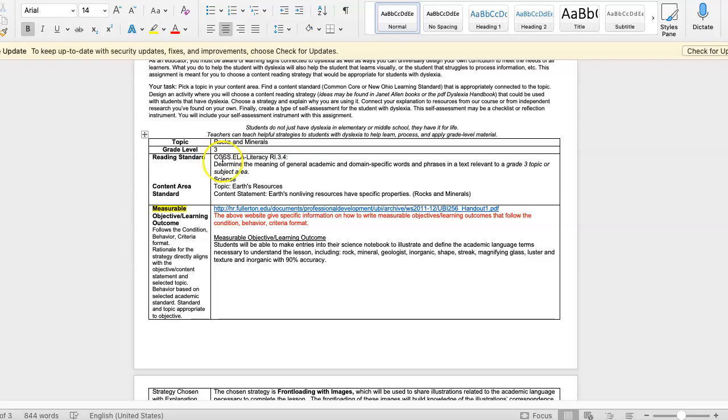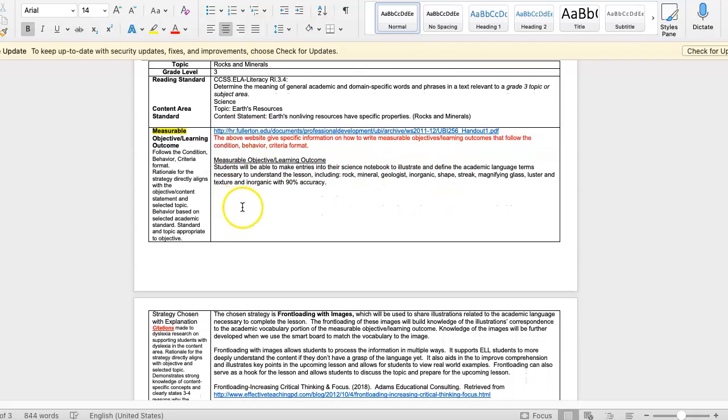The reading standard is RI 3.4, which is to determine the meaning of general academic and domain-specific words and phrases in a text relevant to a grade 3 topic or subject area. The content standard is science, earth resources, and Earth's non-living resources have specific properties, rocks and minerals.